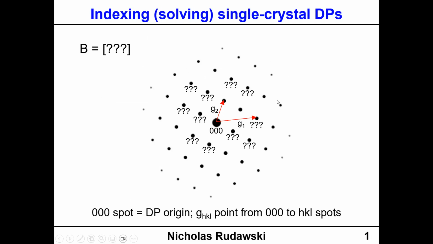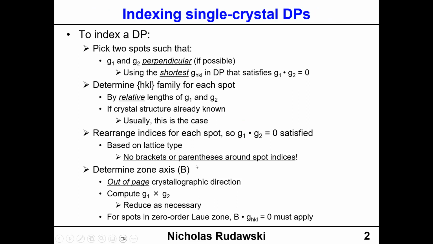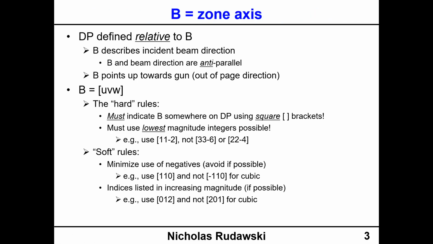As you can see, I have a ring here that contains all these spots. This is what's called the zero order Laue zone. All of the spots inside of the pattern, the indices must dot to 0 with B, if we do everything correctly.